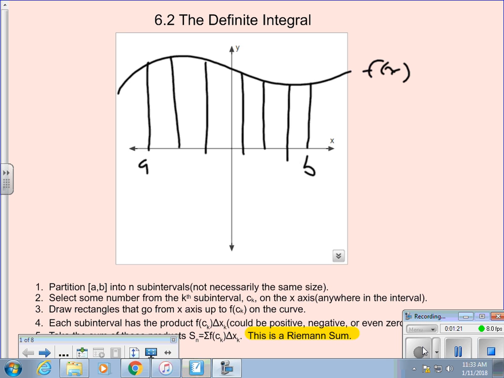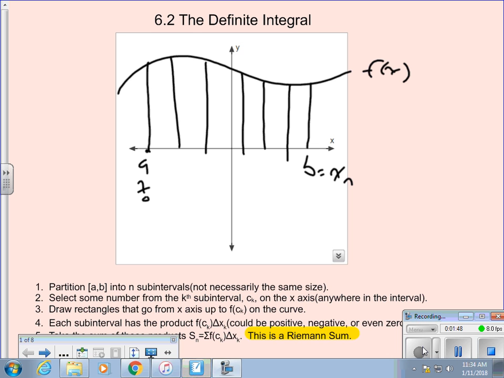Our first value, a, we're going to call x sub 0. Remember, subscripts have nothing to do with value. Subscripts just let me use the same variable repeatedly. And our last one, b, is going to be x sub n, because it's n partitions.